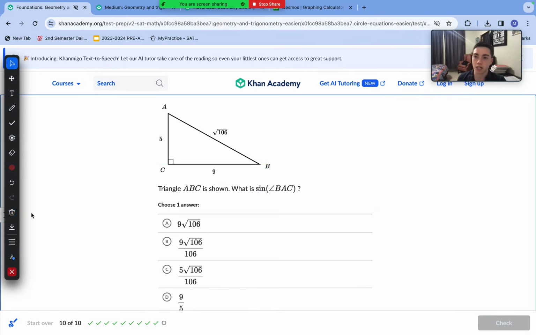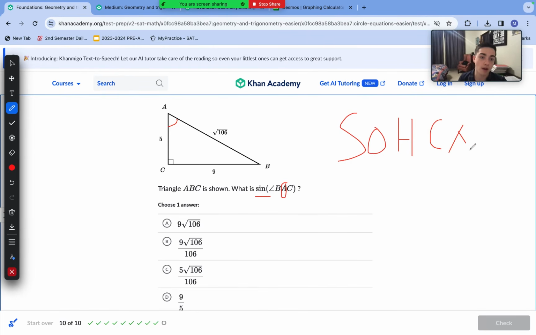On to the last question for this foundational difficulty level. We are trying to find the sine of angle BAC. First of all, angle BAC, the middle letter is where the angle is going to be situated about. So it's that angle right there, and we are trying to find the sine. We need to call back to something that we remembered in geometry, this helpful acronym, SOHCAHTOA.